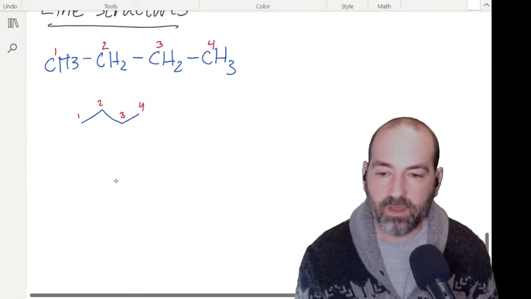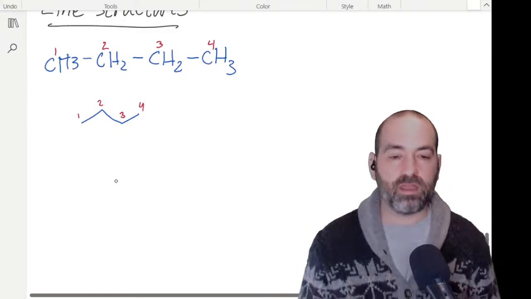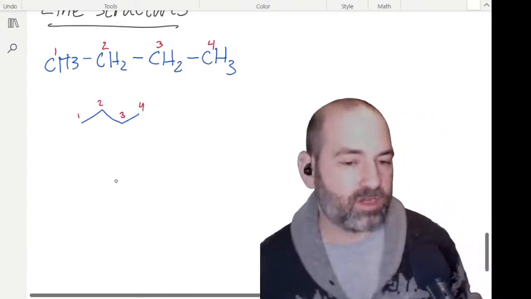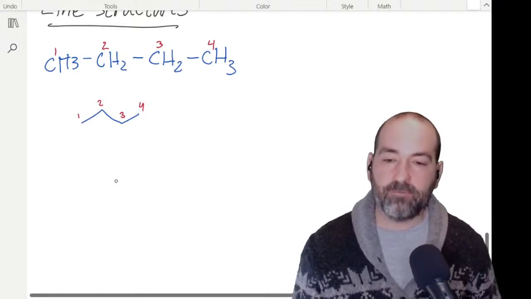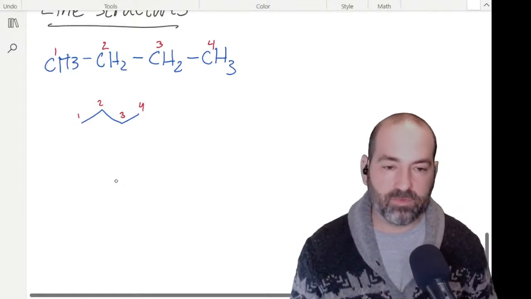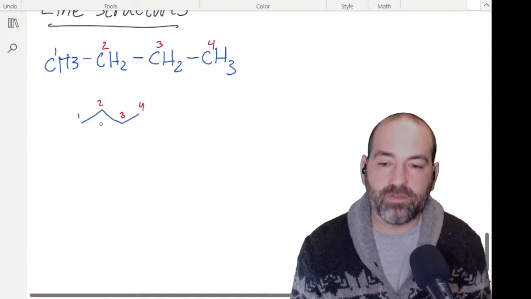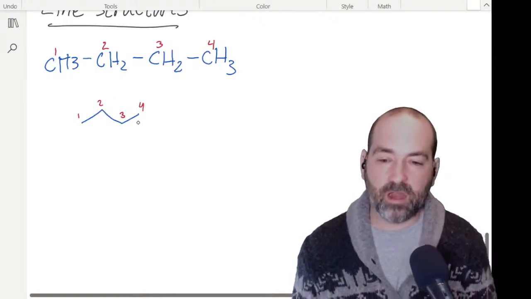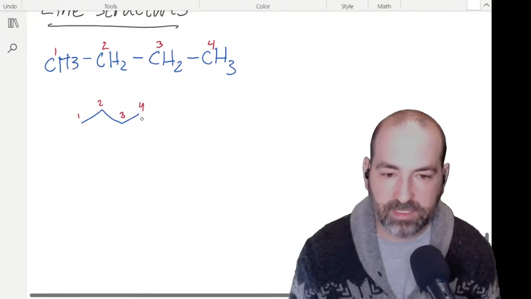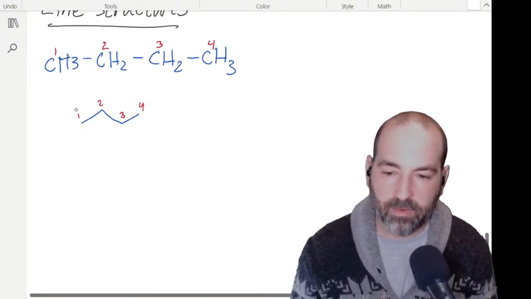How do you know that that structure is CH3, CH2, CH3 if the hydrogen atoms aren't drawn? The key here is that we know carbon has to have 4 bonds. So we can figure out how many hydrogens go in these spots by counting up the number of extra bonds that each carbon atom has to have. So let's take a look at this one on the left, number 1.